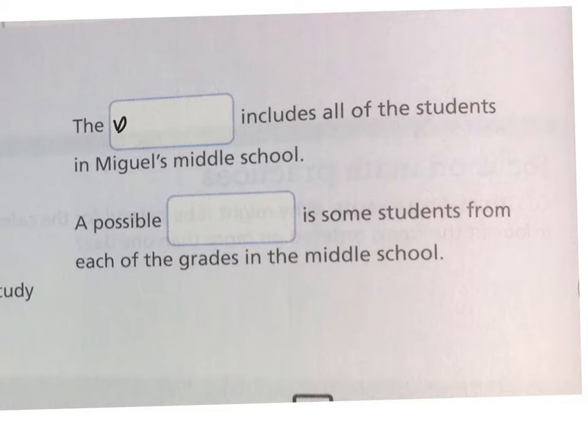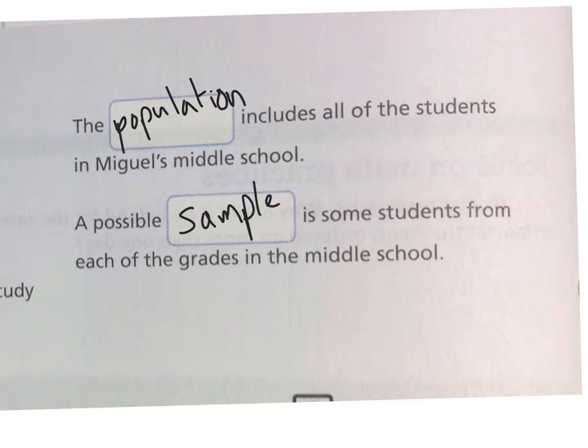Population, good. And a possible blank is some students from each of the grades in the middle school. Sample. Sample, good. Okay, so those are 2 words we'll be working with quite a bit in this lesson.